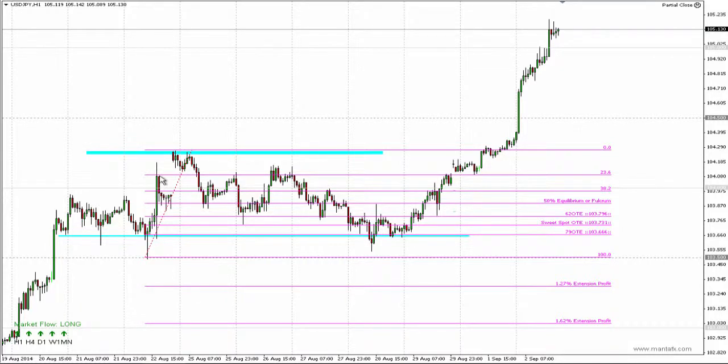So the market left a nice footprint, a nice elephant footprint, as you can see at this level.